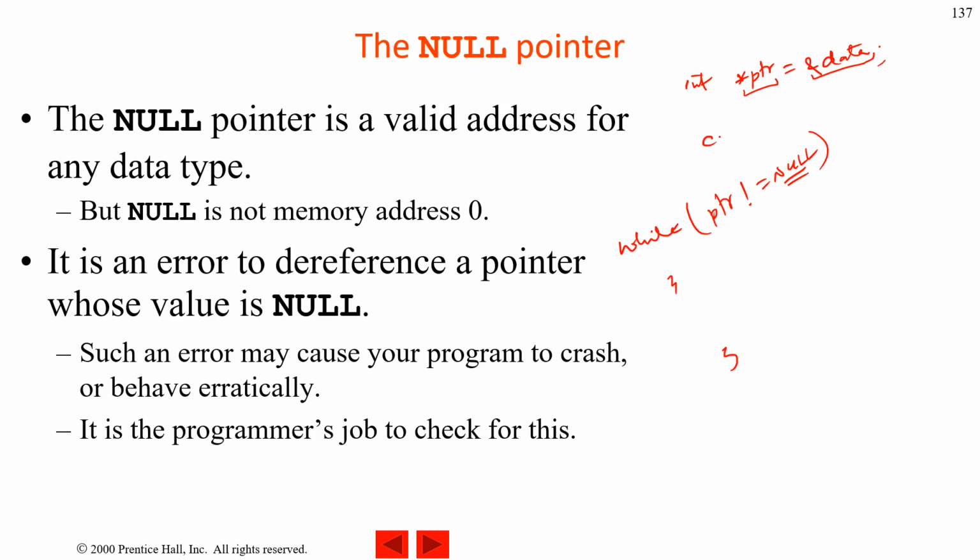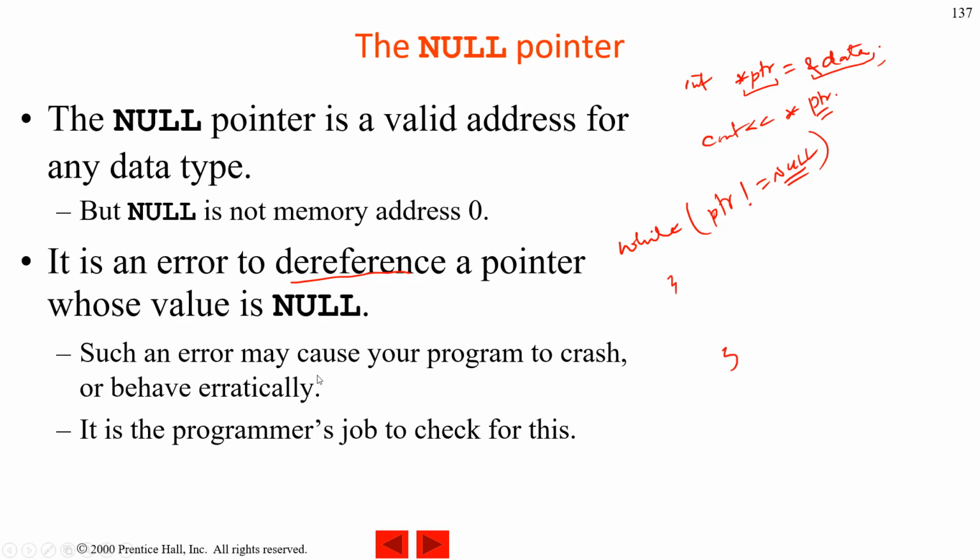When I say cout asterisk ptr, it means go to the location stored in ptr and show me its value. This is called dereferencing a pointer. So ptr was the pointer. Using this asterisk to get the value of that location is called dereferencing a pointer.